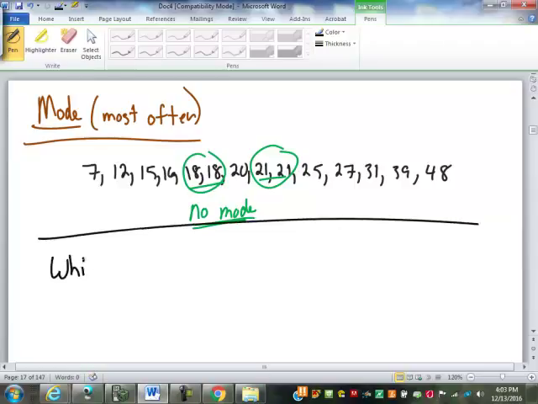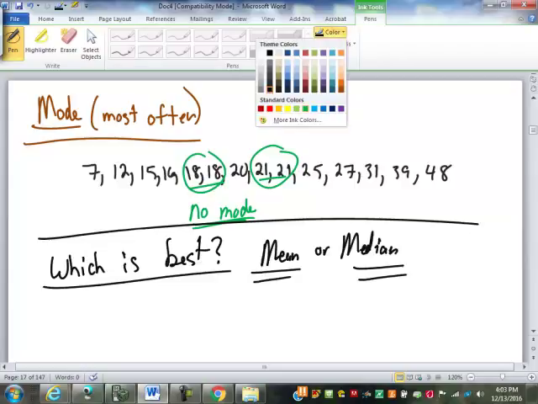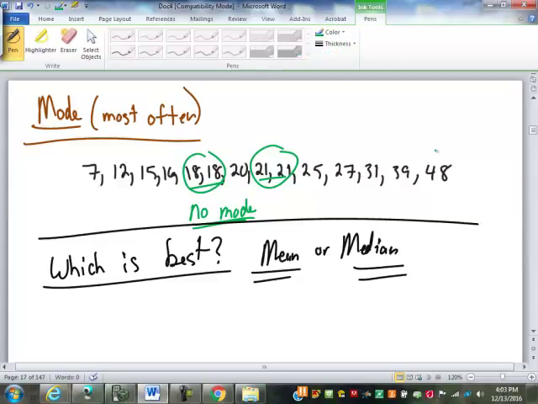So the big question, which is best? You've probably already seen my prejudice against the mode. So let's just talk between the mean or the median. So a lot of people, well, who would say the mean is the best measure of center?